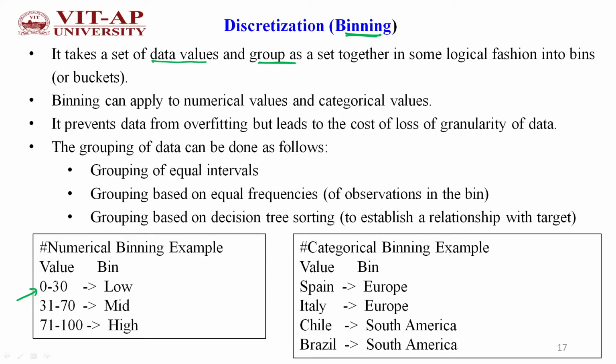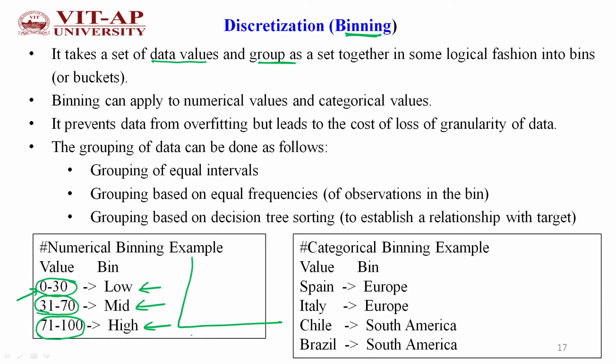Whoever has the range 0 to 30 is categorized into the low class. Whoever scored 31 to 70 is allotted to the mid group. Whoever scored 71 to 100 is grouped into high. So it can be viewed in the form of a histogram.